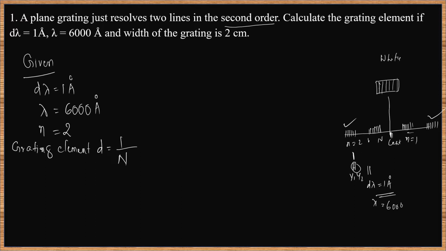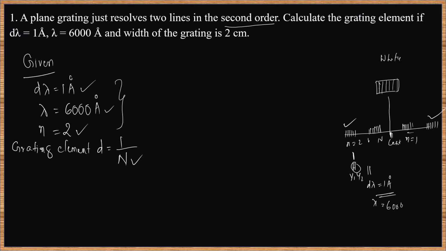Okay, so how can we find out? Because we have d lambda here, we have lambda here, and we have n here. So from these data, how can we find the grating element, or how can we find N? Do you have any idea?